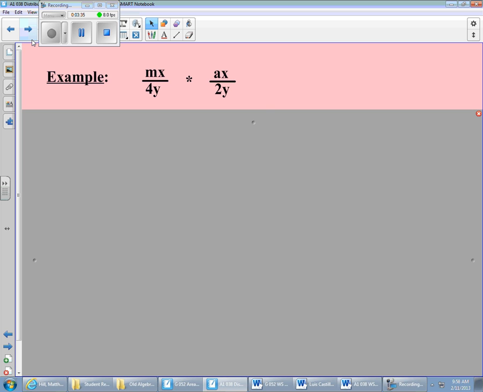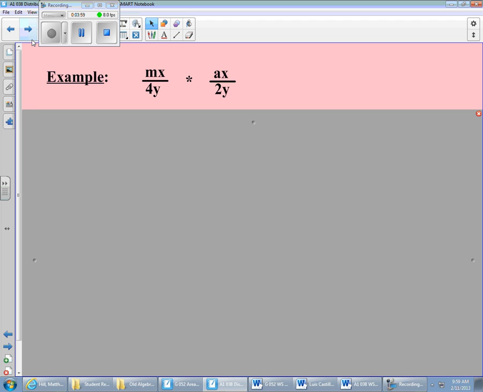Also should be a little bit of review. It's still just two fractions multiplying together, right? Just like the last one. What's so different about it? Yeah, it's got variables in it, but there's nothing different, right? It's just different values that are in it. But two fractions that are being multiplied together.